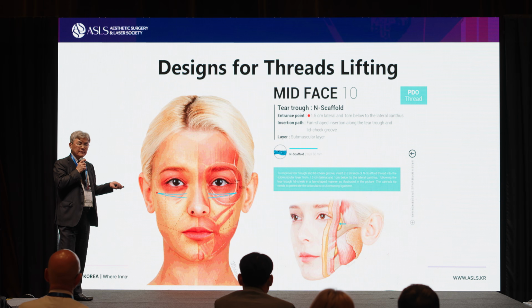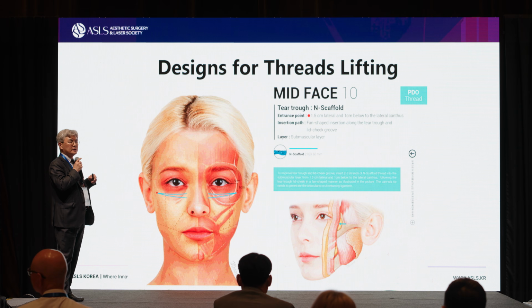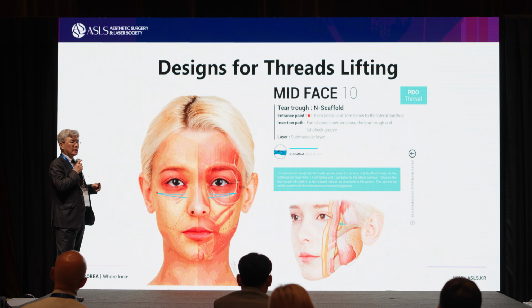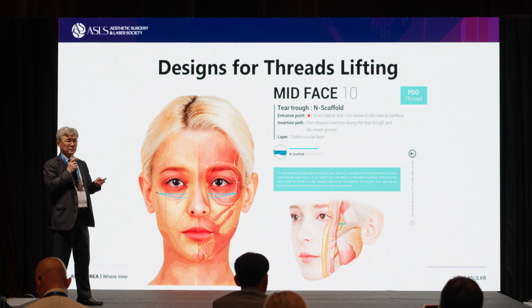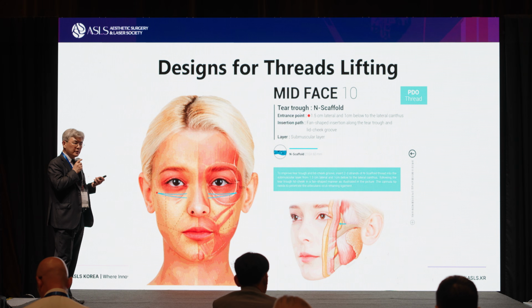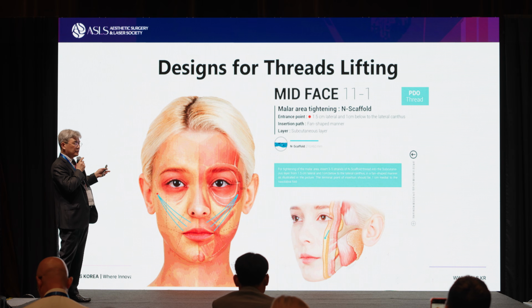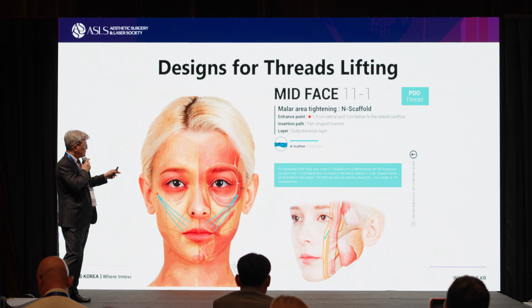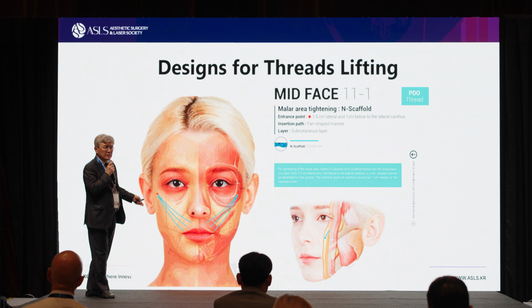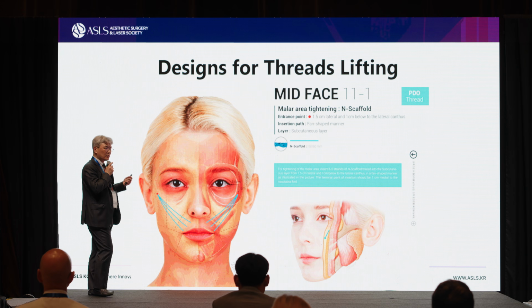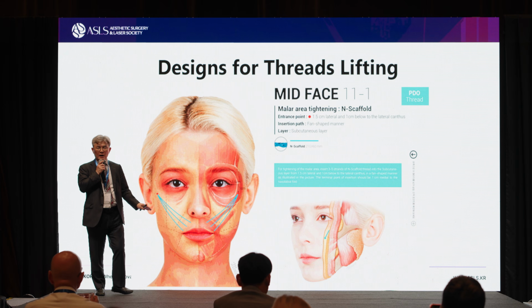And for temple deformity, depending on the groove depth, insert more. For a deep groove, I insert more, but on average, I insert about 3 to 4 threads around the temple area. And to rejuvenate the malar area, insert the end scaffold. This end scaffold also has to pass the nasolabial fold, because in the early stage this thread cannot make collagen fibers, but as time passes, it makes new collagen fibers and changes to hard.